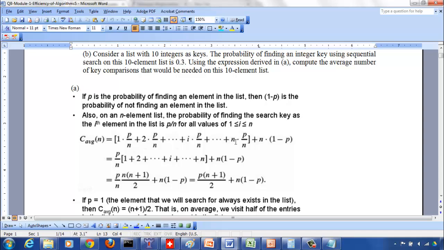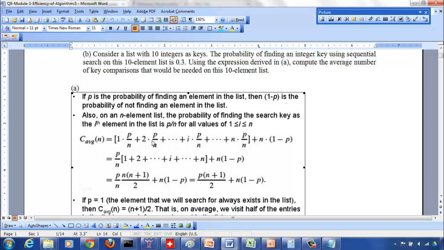So when you're having an OR, you can't do the simple average number of comparisons, you're doing a weighted average. So you're basically adding up all the possible probabilities. So 1 times p over n if it's the first element, and 2 times p over n if it's the second element. So you're counting the number of comparisons depending on the probability the element could exist in any of those particular index values.